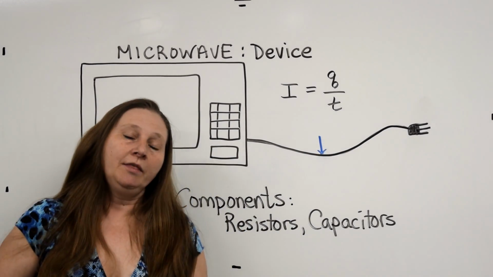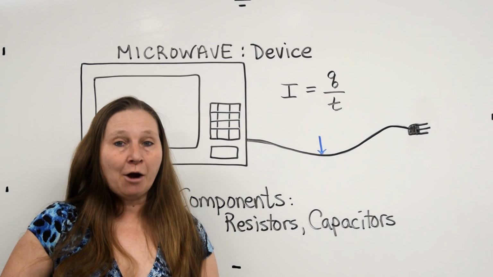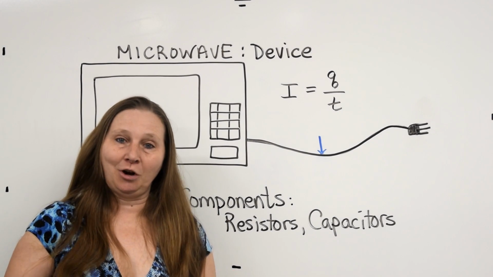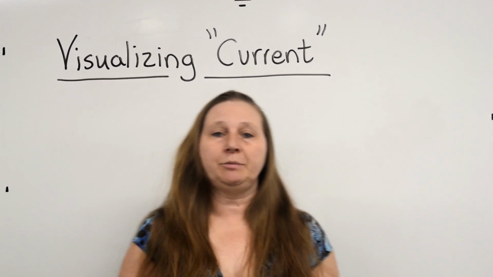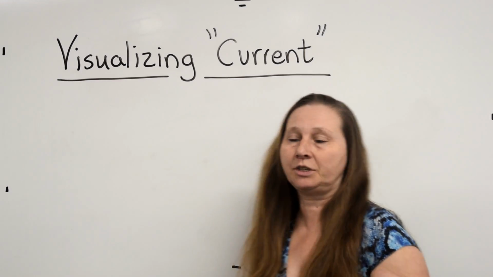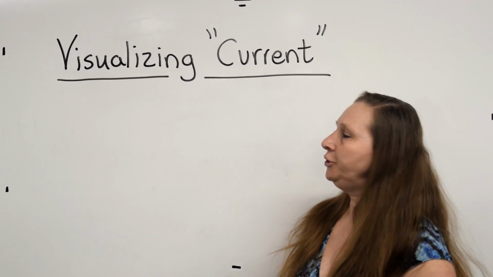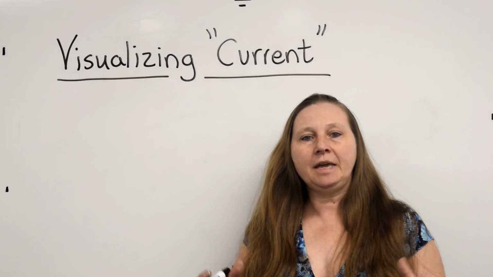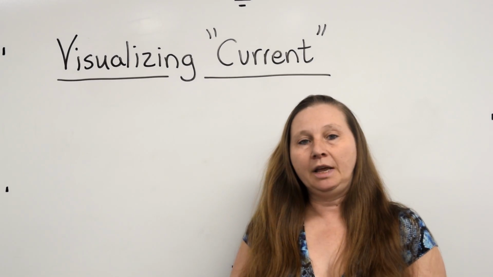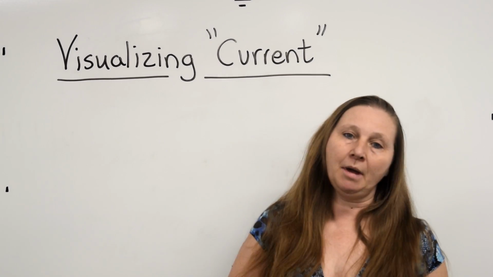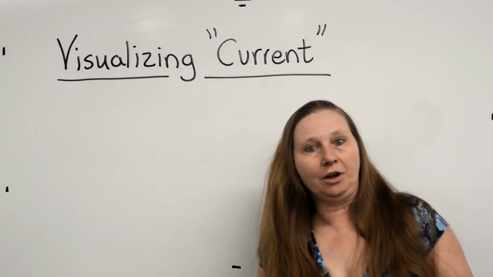Now, we know that the charge is being carried by electrons. One of the things that sometimes makes math or chemistry or physics kind of difficult is that you can't always make a picture or a drawing of everything that you learn in physics or chemistry or math. I mean, we try really hard.